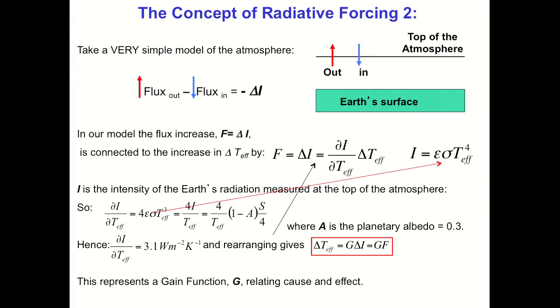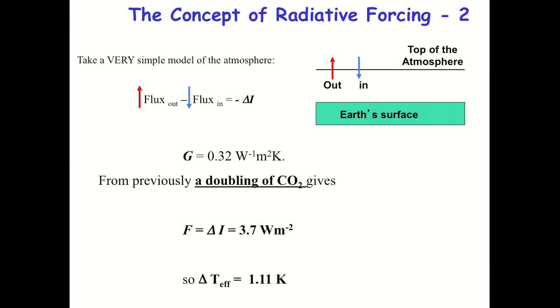Now g in these equations is what we call the gain function, if we're effectively looking at the link between the cause and the ultimate effect. The cause here is going to be a change in radiation and the effect is going to be a change in temperature. So remember our gain function in this particular example is about 0.32 Kelvin per watt per meter squared.